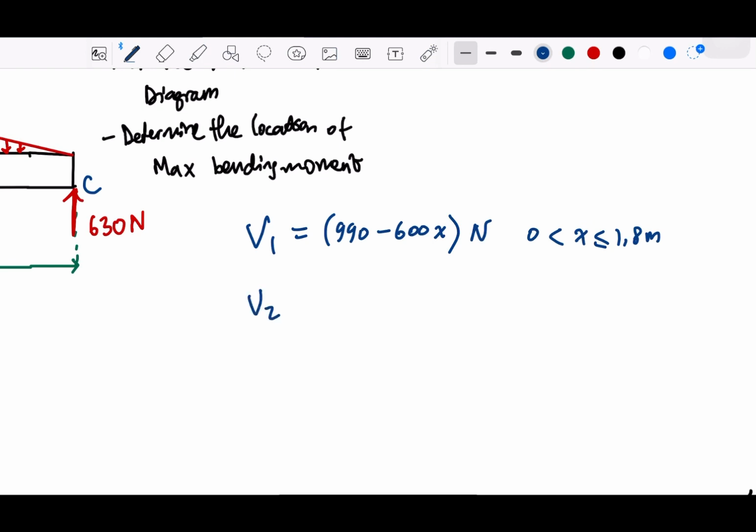And then V2 is 630 plus... let me just write the result. This is in Newton, and 1.8.